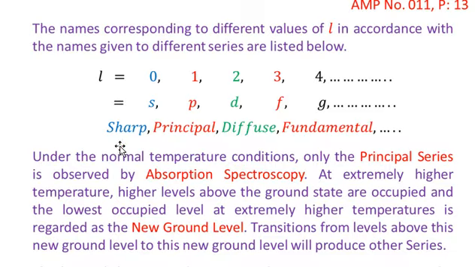S stands for sharp, P stands for principal, D stands for diffuse, F stands for fundamental. So you see that I have discussed the sharp series, principal series, diffuse series, and the fundamental series above, and their formulas with respect to the sodium atom have been discussed.